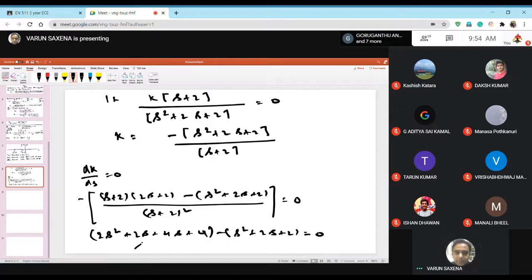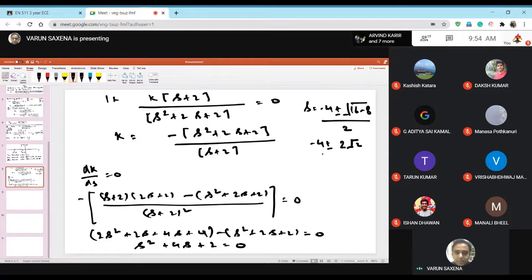So you get s square, and 2s and 2s gives 4s, plus 2 equals 0. So that means your s is minus 4 plus minus under root 16 minus 8, divided by 2. This is minus 4 plus minus 2 root 2 divided by 2.